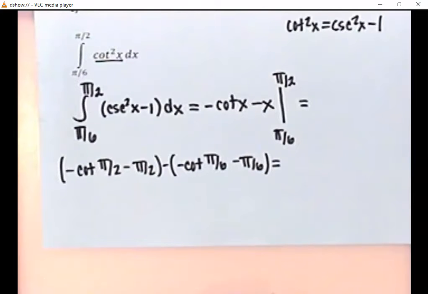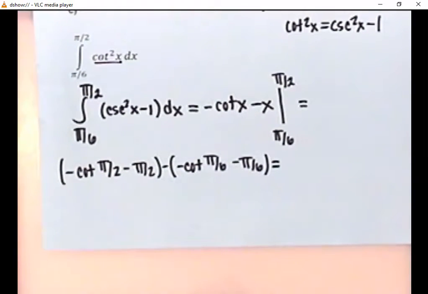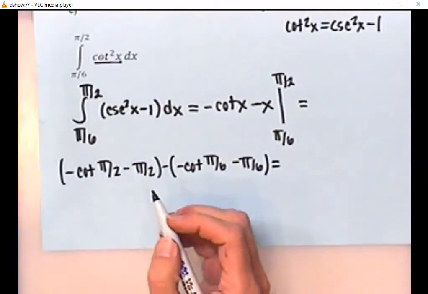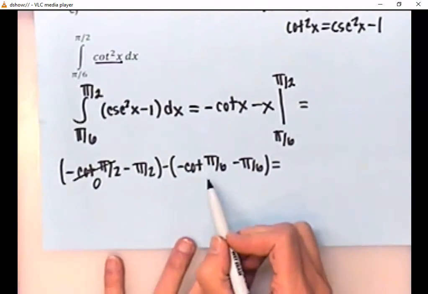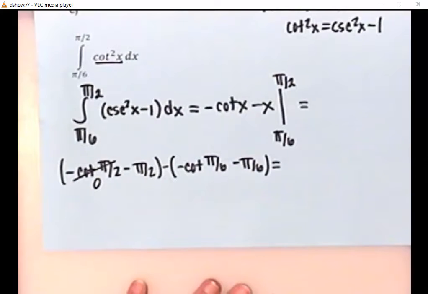Okay, let's see if we can do it. What's the cotangent at pi over 2? Yeah, at pi over 2, the point is 0, 1, right? And the cotangent is the x over the y, 0 over 1, so that should be 0. I was thinking unit circle, so that should be 0. What's the cotangent at pi over 6?